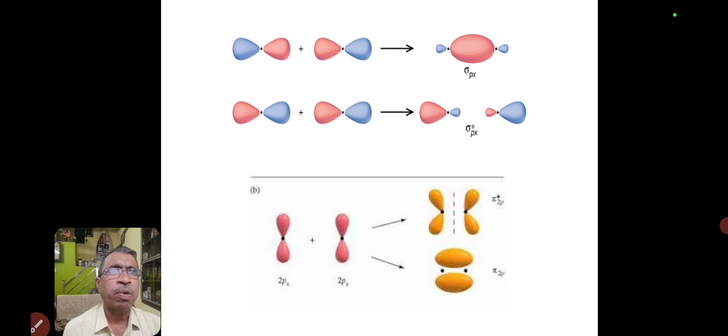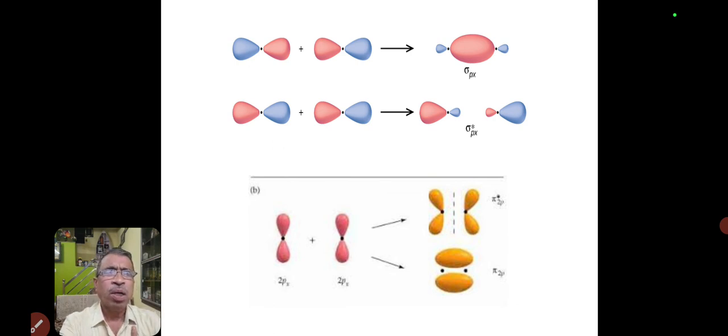That is the shape given in the structure. Similarly, if a brown colored atomic orbital overlaps and combines with the blue colored atomic orbital of another, this results in subtractive combination and forms an anti-bonding molecular orbital. So that will be the shape of the anti-bonding molecular orbital of the p orbitals.